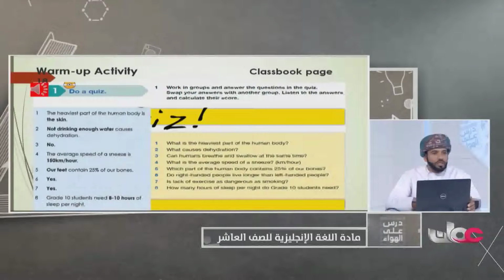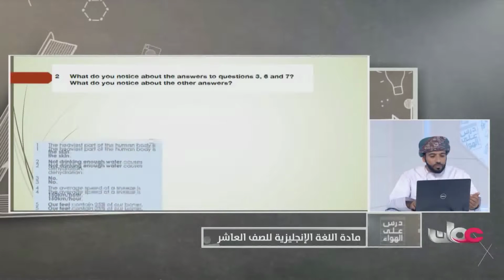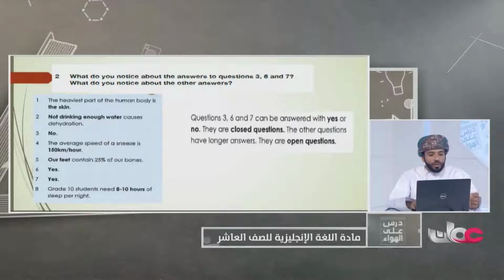The answer is yes or no, while the other questions are open questions and they have full answers, while in 3, 6, and 7, the answers were yes or no. So this is an introduction for our lesson today.